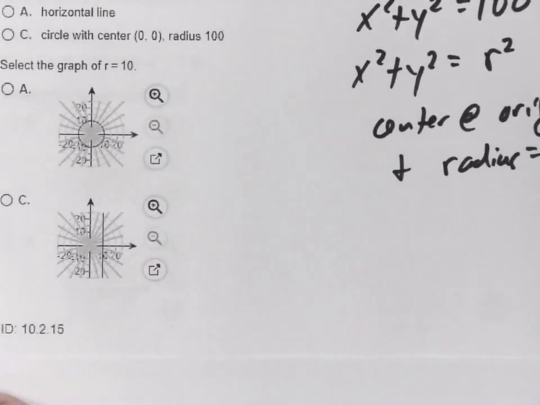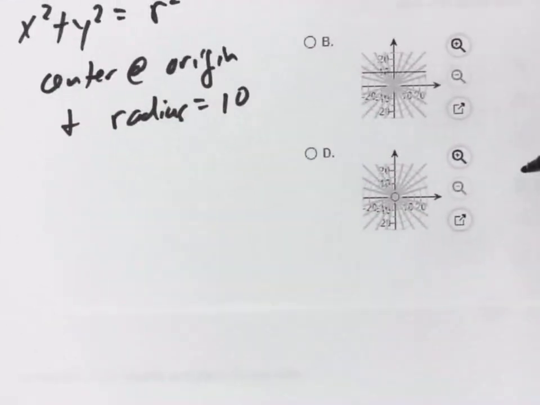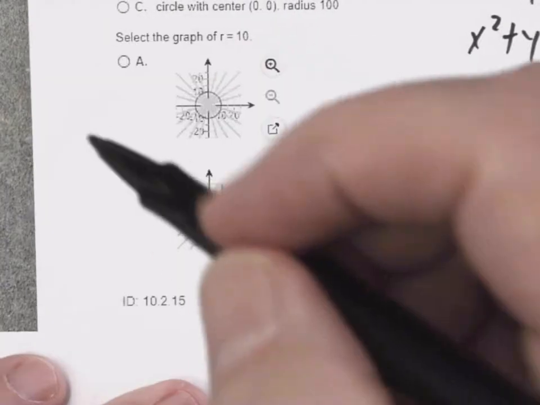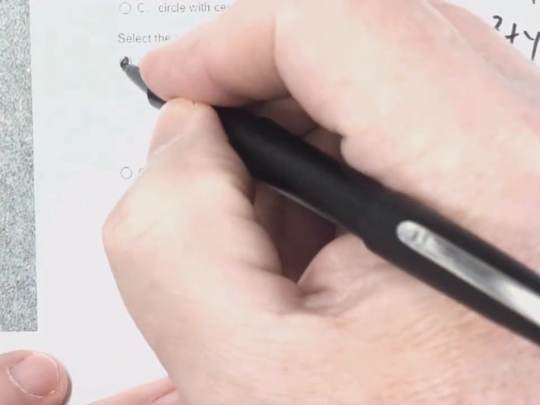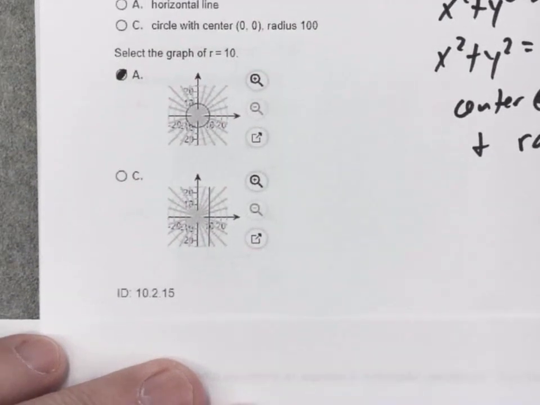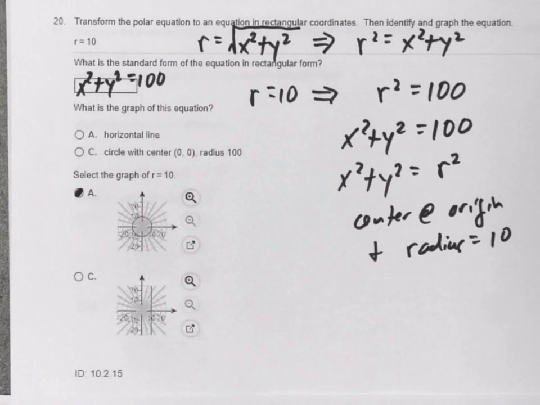So this one actually, if you can tell, looks like it has a radius of 10. This one, the radius looks a lot smaller. So this looks like the correct choice. All right, so actually not too bad, that first one.